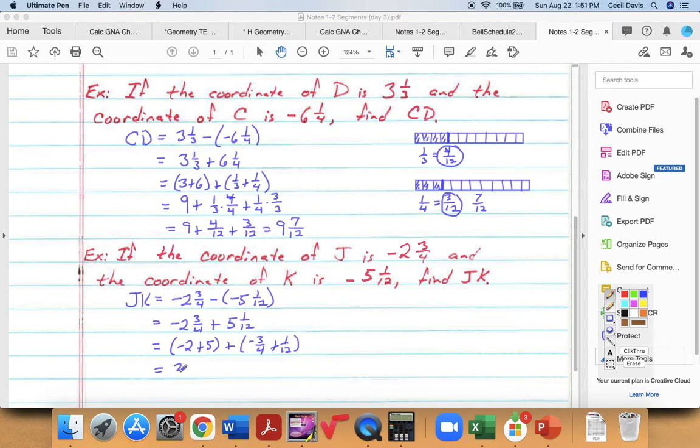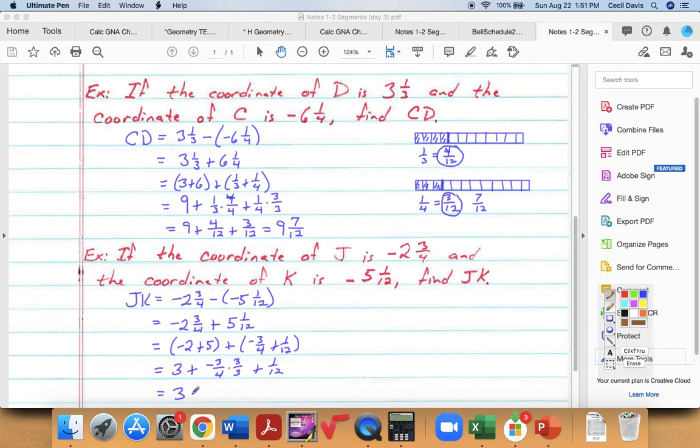So what do we have here? This is 3 plus, the least common denominator between these two is 12 because 4 will go into 12 evenly. So I'm going to take the negative 3/4, I'm going to multiply it by 3 over 3. And the 1/12 I'm going to leave alone.